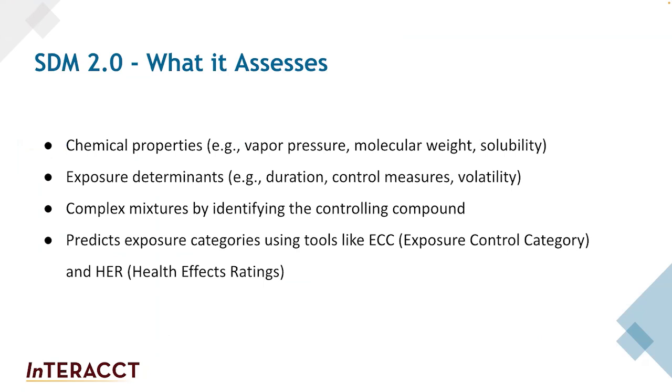When dealing with complex mixtures, the tool identifies the controlling compound, the one that drives the overall risk. Finally, STM 2.0 predicts exposure categories using tools like the Exposure Control Category, or ECC, and Health Effects Rating, or HER, to classify the potential risk and guide control strategies.